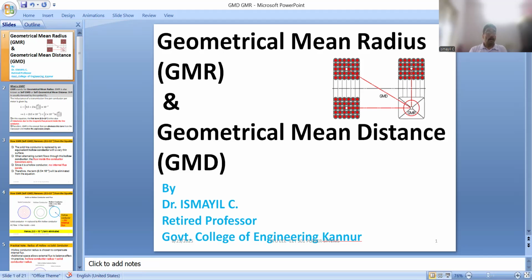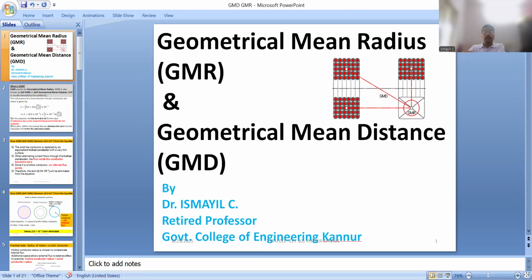Now we will see how to find out the GMD, geometrical mean distance, under different cases. First case, I'll be considering a single phase line where I am considering two adjacent conductors. In the usual case, as depicted in this diagram, A represents the single conductor and B represents its return path.